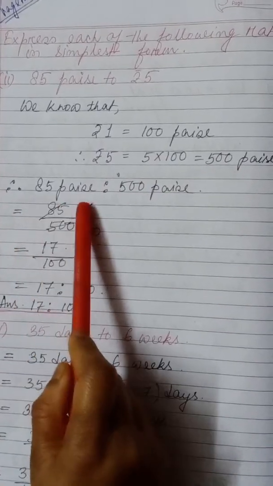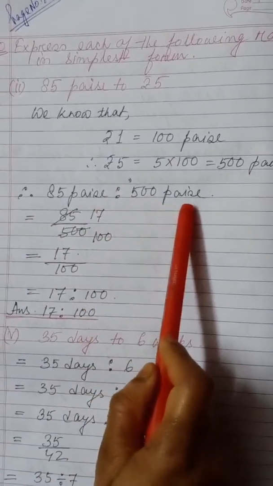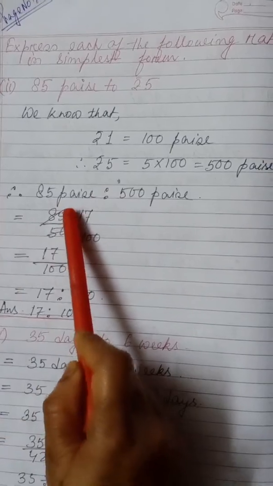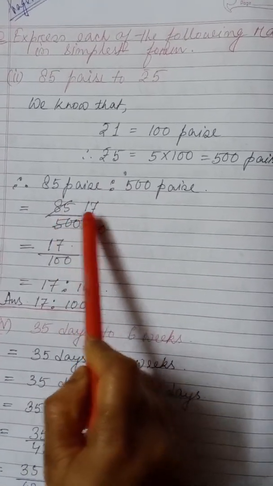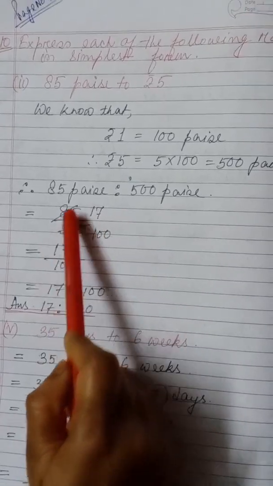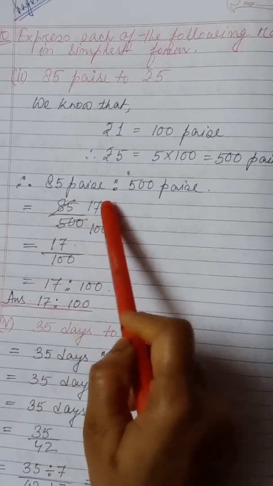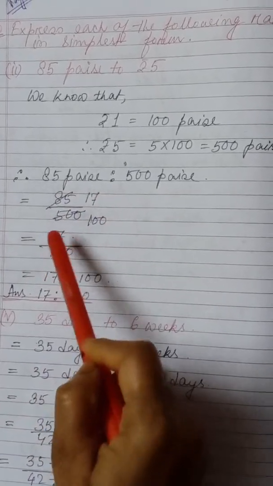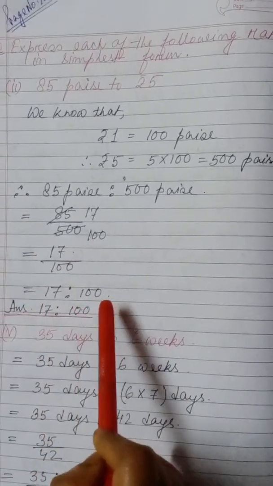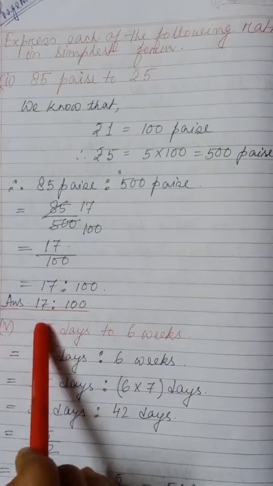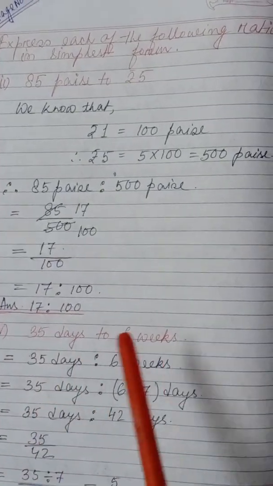Therefore, 85 paisa to 500 paisa is equal to 85 by 500. Now you cancel it by 5. 17 by 100. This equals 17 is to 100. Answer is 17 is to 100.